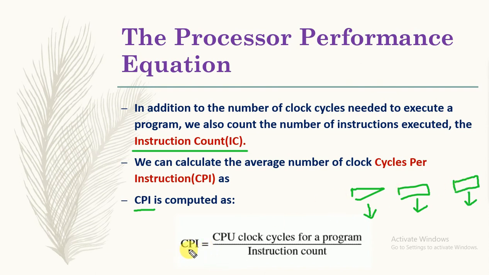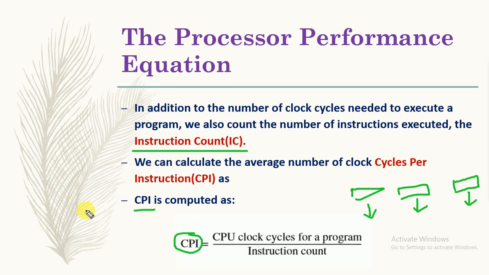The cycles per instruction can be evaluated as the total CPU clock cycles for a program divided by the instruction count, which gives the average cycles per instruction.